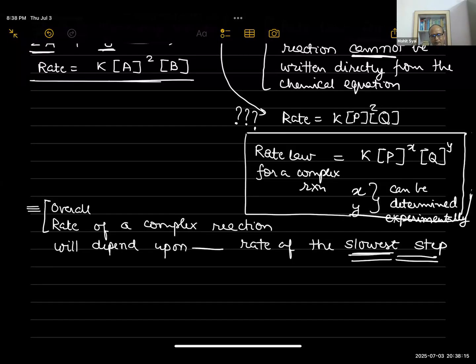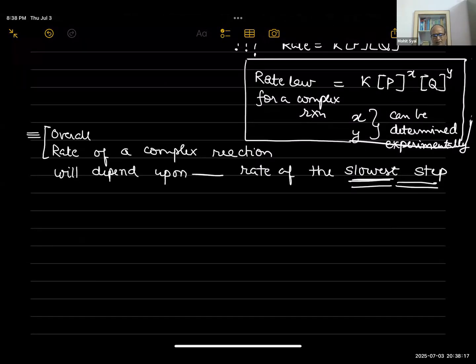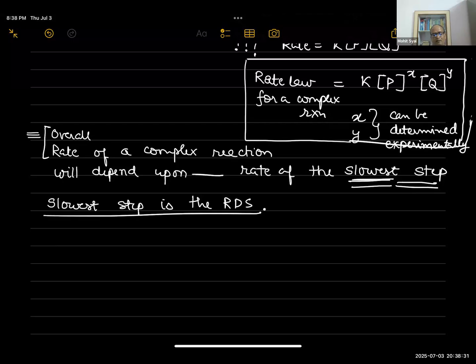Got it? And this step is known as... got it? Is it clear? Yes, sir. So what's the full form of RDS?